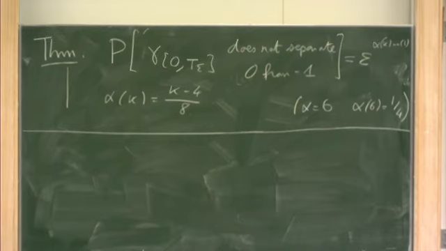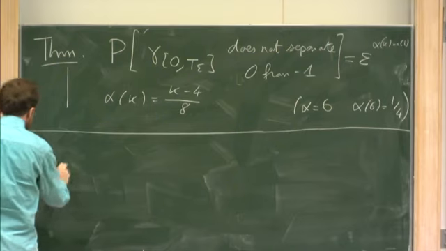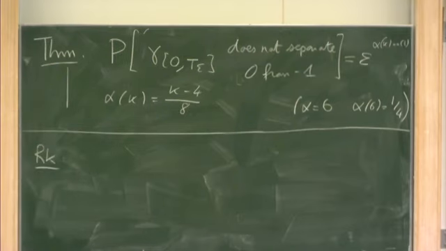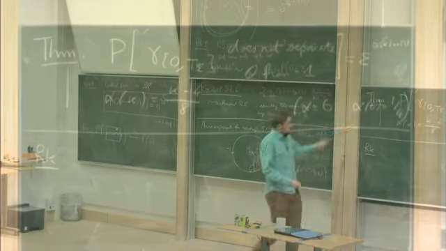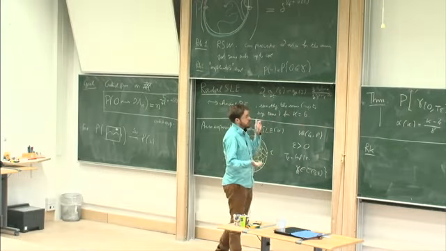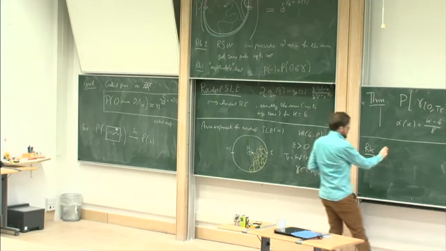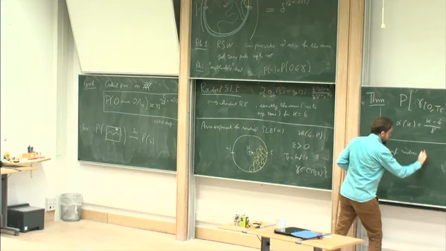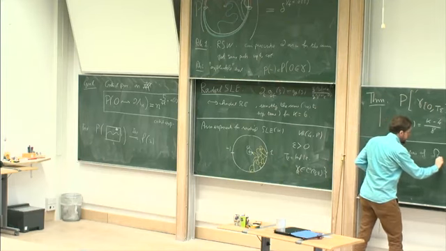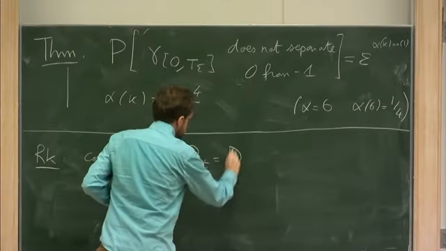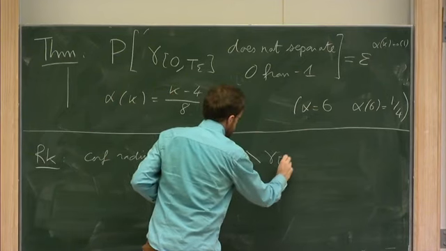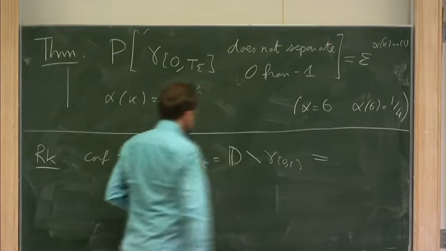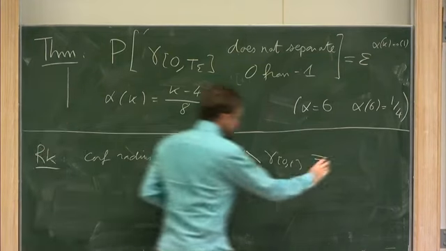So first remark. The first remark is something I mentioned already yesterday. It's the Koebe 1/4 theorem. Remember that the time parameter is given in terms of the conformal radius. And the conformal radius of omega t, the complement in the disk of the curve up to time t, is normalized to be exactly e to the minus t.